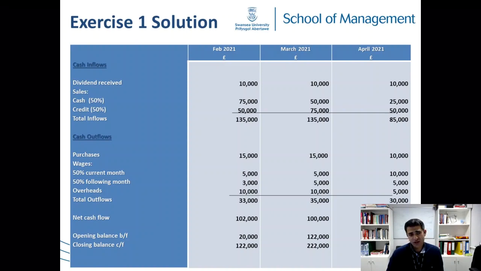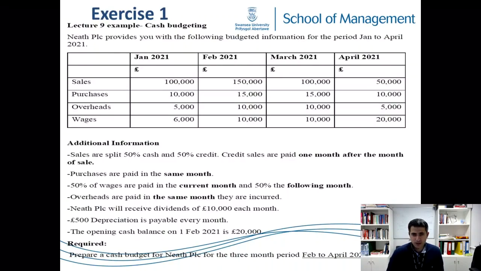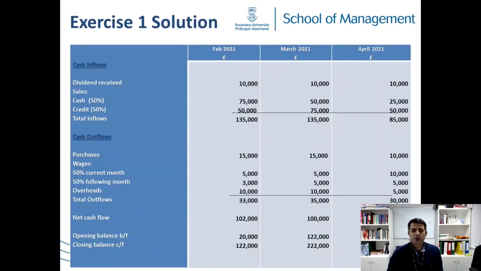Then you need to calculate the net cash flow, which is the total inflows minus the total outflows. You do it for each month. The opening balance for February is 20,000, as you see. So how do you calculate the closing balance?